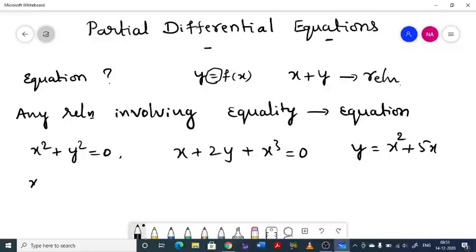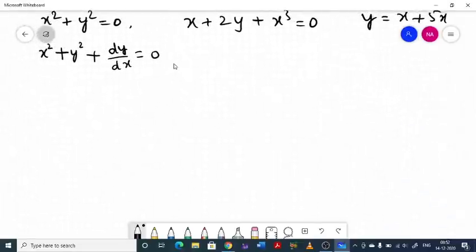So I'll write this as x square plus y square. Here any one may be dependent, any one may be independent, I don't worry about it. x square plus y square plus d, a derivative is needed, right, so d must come, dy by dx equal to 0. So I wrote x square plus y square plus dy by dx is equal to 0.